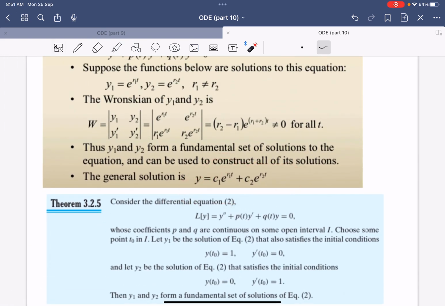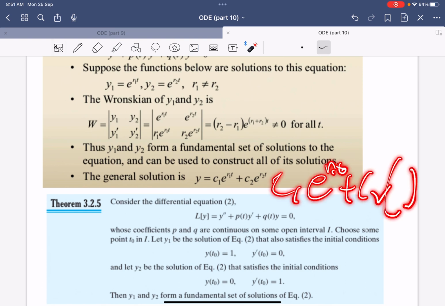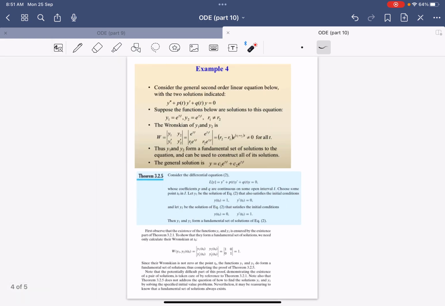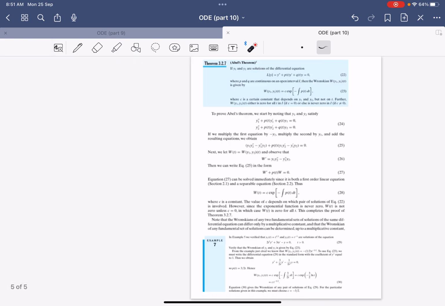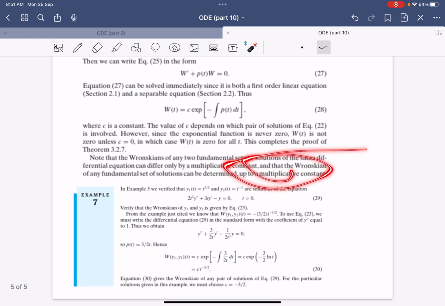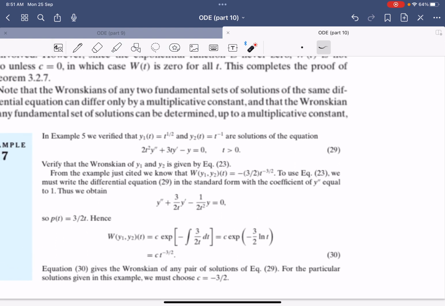You can either have e to the r1t, or c1 plus c2, and this sum may be another solution, which just looks like some linear combination of these, but of course they don't look like e to the r1t or e to the r2t. In that case you get a different Wronskian, but they only differ by a multiplicative constant. So we just take an example to better understand it.